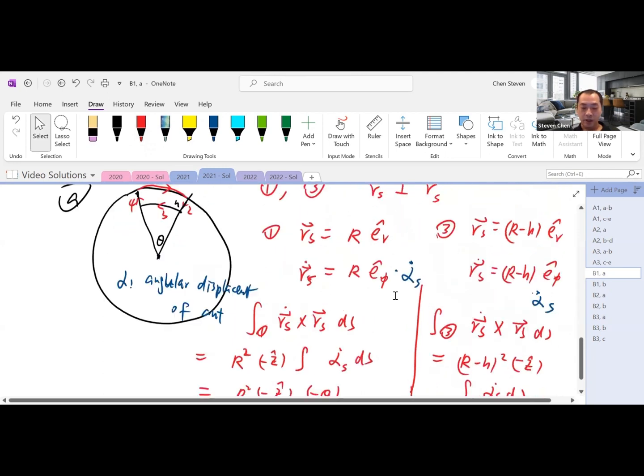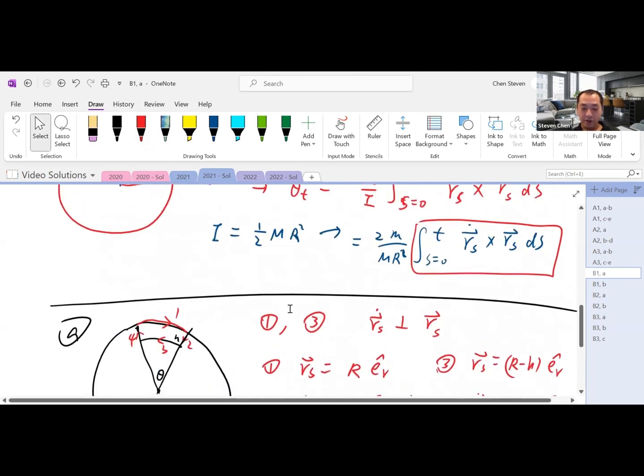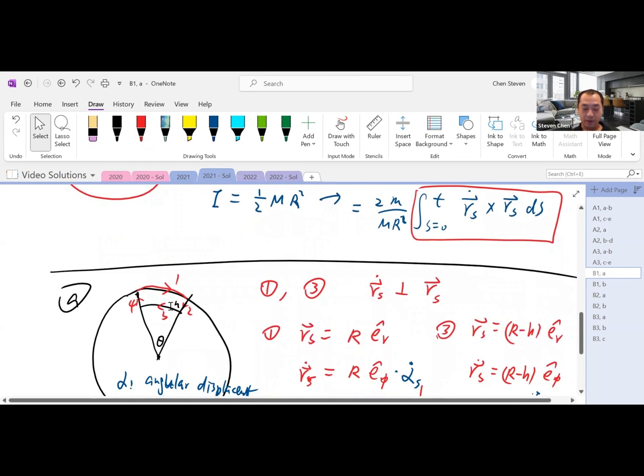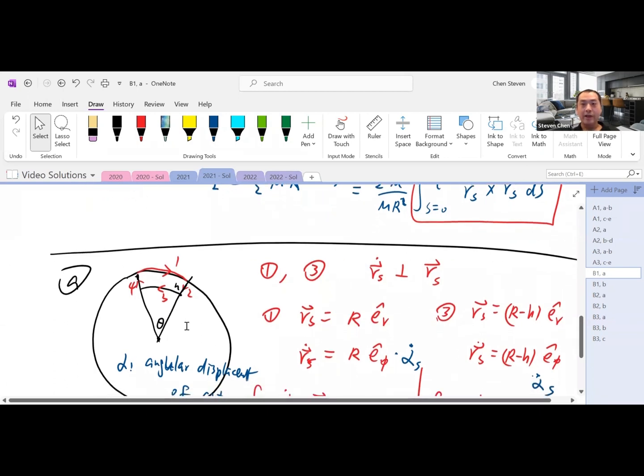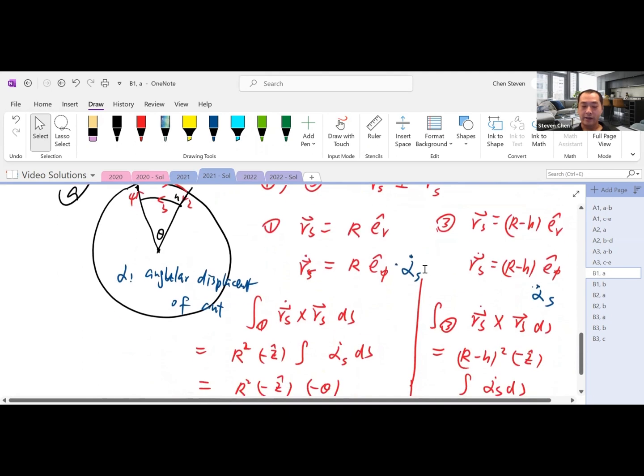All right. And then we have to take such integral for paths 2 and 4. But for paths 2 and 4, we have the following observation. So we move in the radial direction, right? So it means that rs dot is parallel to rs.